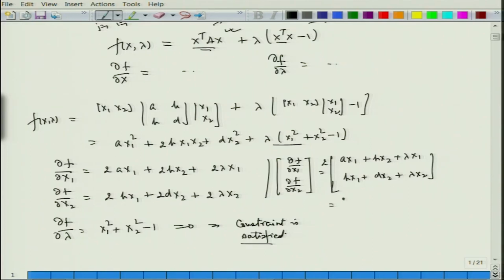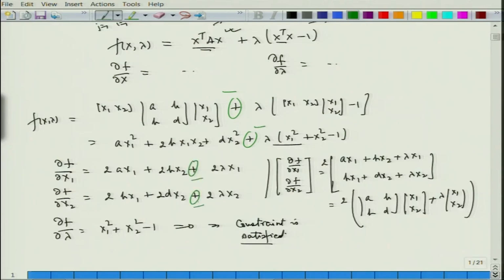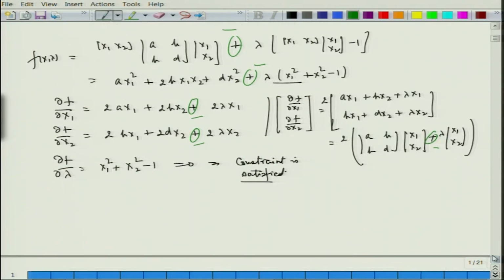So I can write it as 2 times [a, b; b, d] times (x1, x2) plus lambda times (x1, x2). Or if I change it slightly, I can write a minus here. Either way, this corresponds to looking at Ax plus lambda x.